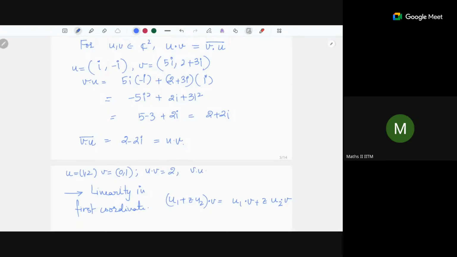Now let's check v dot u. v dot u is 0 plus 2, which is 2. So u dot v is equal to v dot u. The real inner product has symmetry, whereas the complex inner product has conjugate symmetry. The simple way to think about this is that the conjugate of a real number is itself, so the conjugate does not change anything, and it has to be just the same.